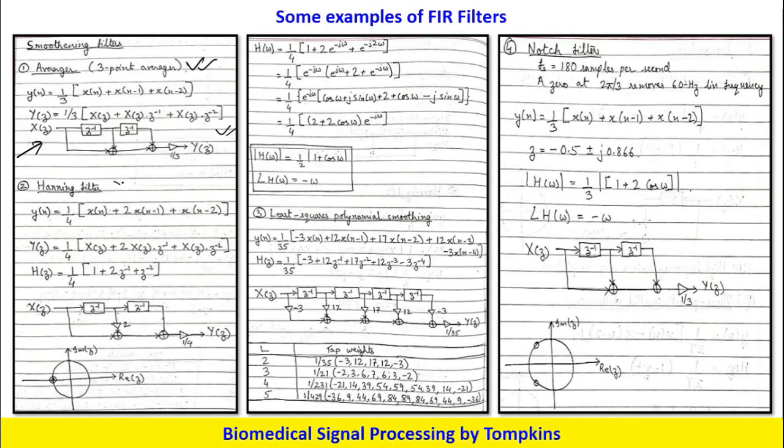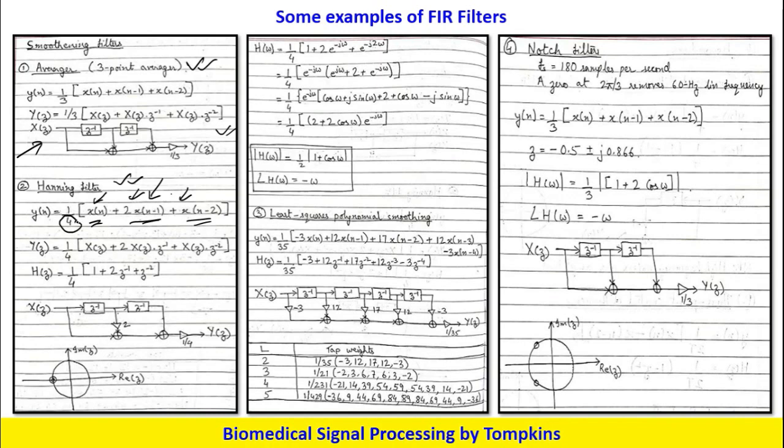Then the Hanning filter: x[n] plus 2 times x[n minus 1] plus x[n minus 2]. Here the central value has been given more weightage. If you see the coefficients 1 plus 2 plus 1, that is 4, so it becomes 1 by 4.